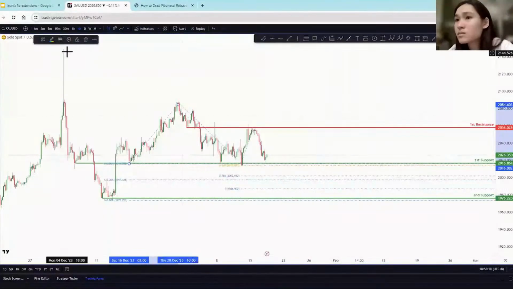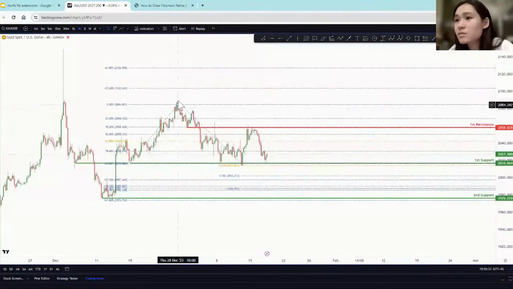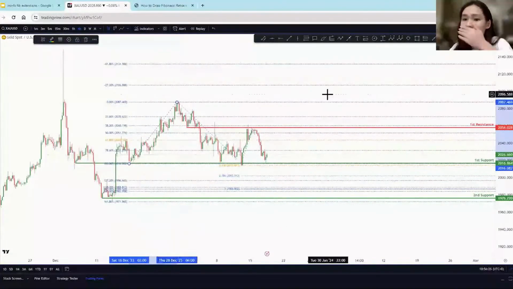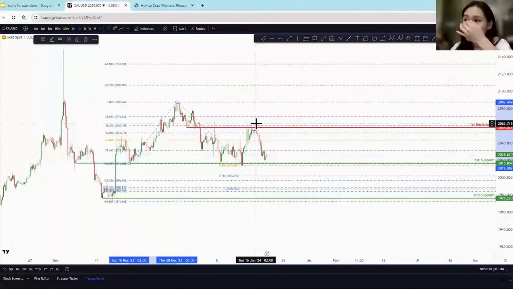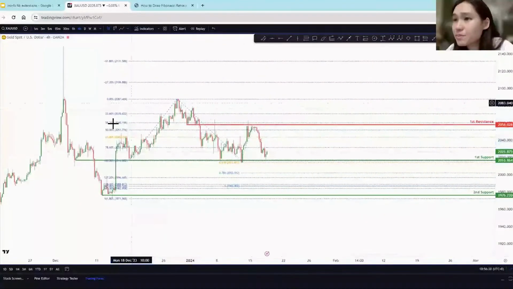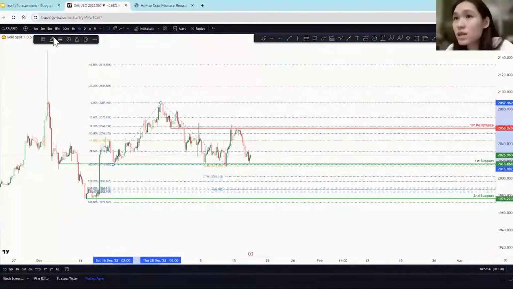My 38.2 lines up with my first resistance.